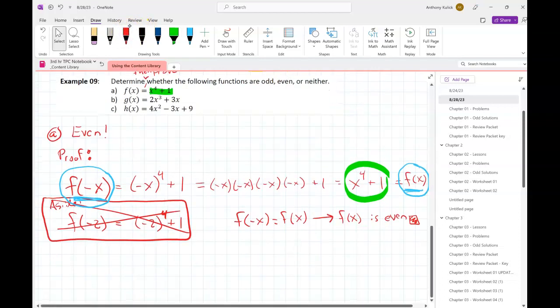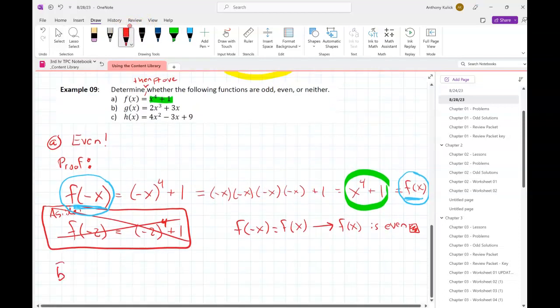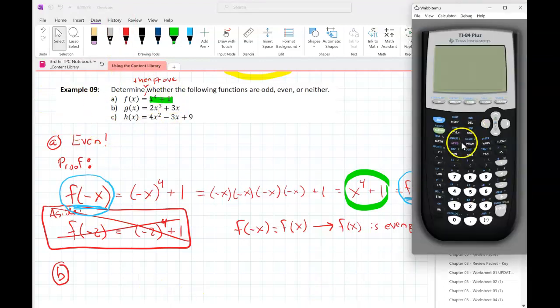Let's try the next one. So let's go to the calculator and we'll type in our g of x now. Everybody okay so far?